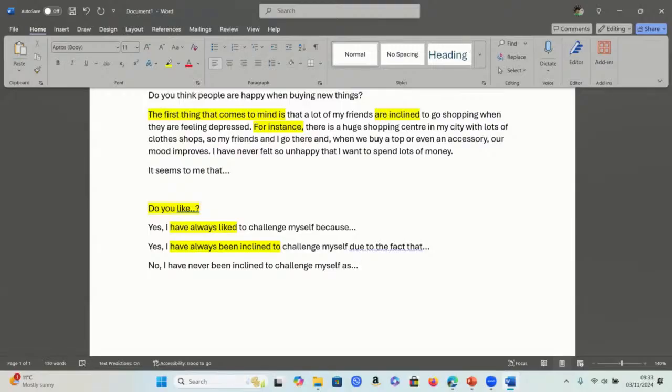So the first one, yes, I have always liked to challenge myself because it's good, it's fine. Why? Because it's a good start, because you've got present perfect. The next one, yes, I've always been inclined to challenge myself due to the fact that, is better because it's the same good start in grammar with present perfect. However, you've improved the vocabulary with "inclined to".